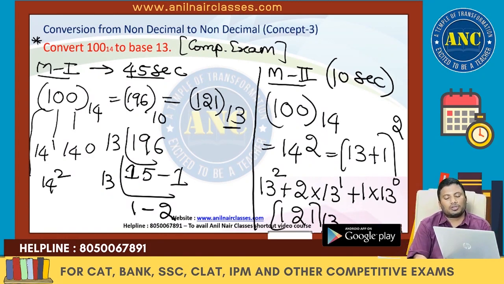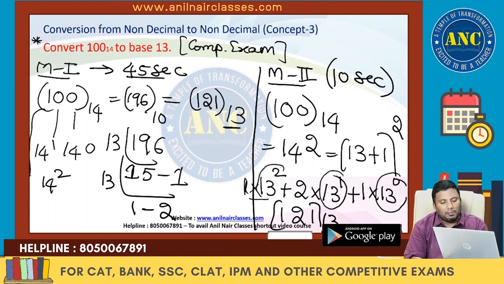14 whole square is 13 plus 1 square. A plus B whole square is A square plus 2AB plus B square. So these are nothing but 1 into 13 square, 2 into 13 power 1, and 1 into 13 power 0, with base power 0, base power 1 and base power 2. So the value will be 1 2 1 base 13. Are you all with me?